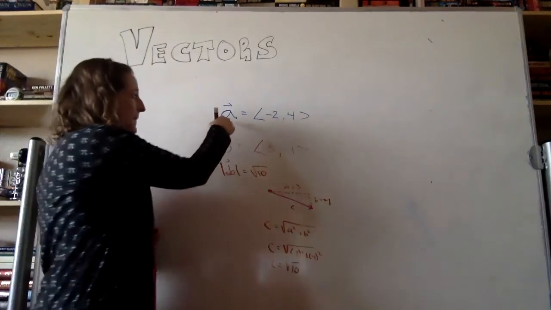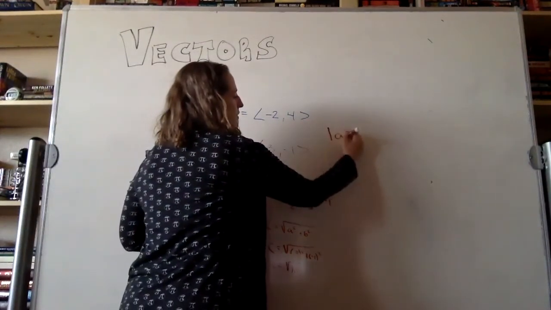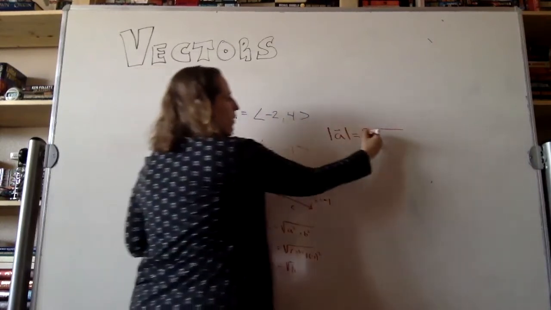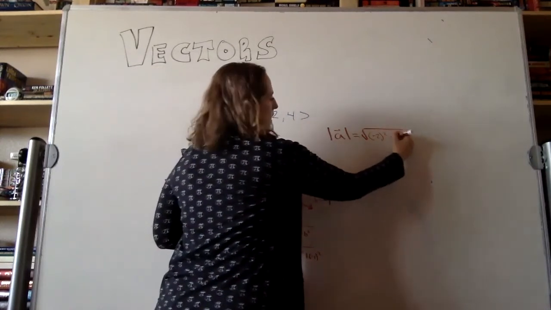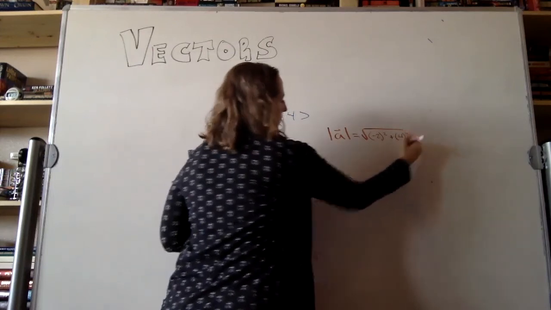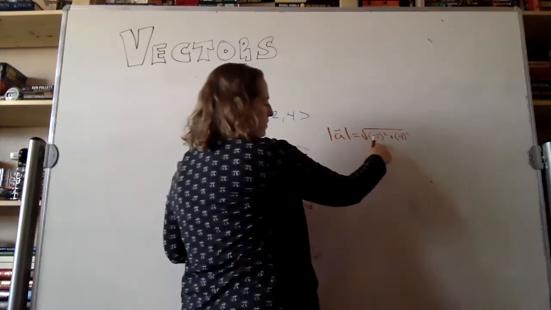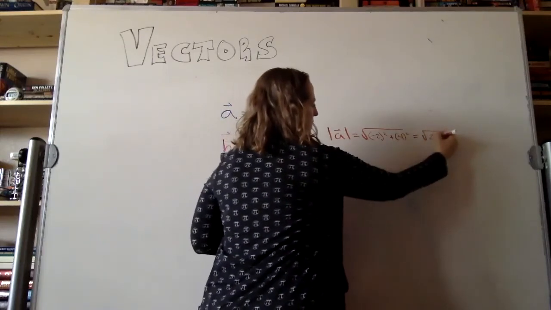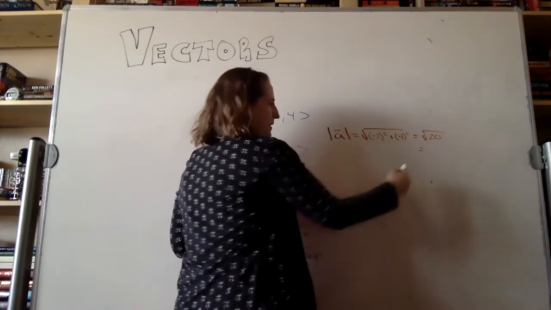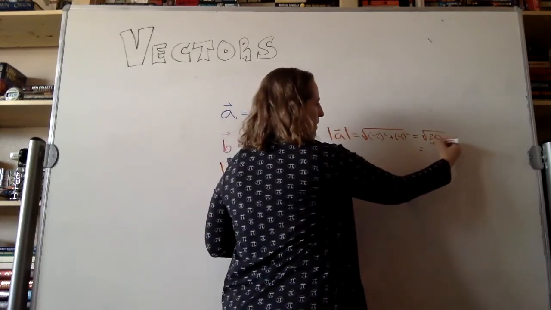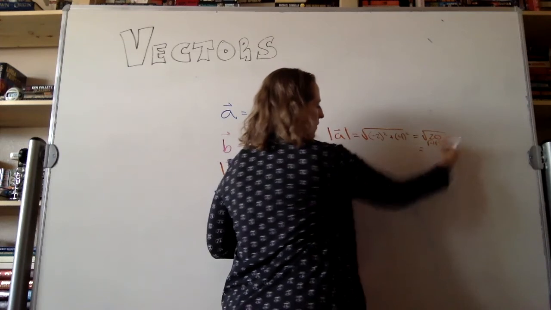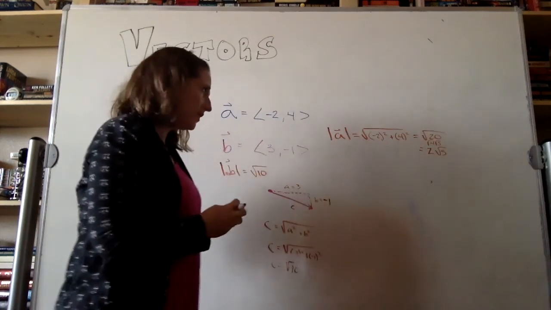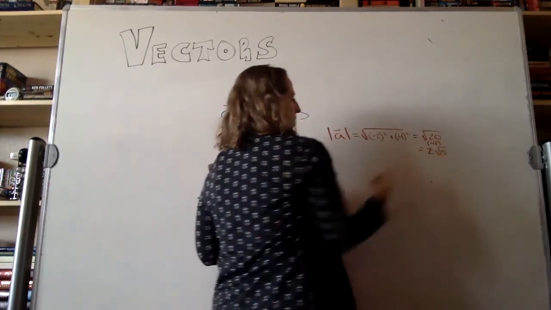If we wanted to find the magnitude of vector a, again, it's going to look like the square root of the horizontal component, -2 squared, plus the vertical component, 4 squared. -2 squared is 4. 4 squared is 16. 4 plus 16 is the square root of 20. I would need to simplify that. 20 is 4 times 5. So the square root of 20 is the square root of 4 times the square root of 5. The square root of 4 is 2. So the magnitude of a is 2 square root of 5.